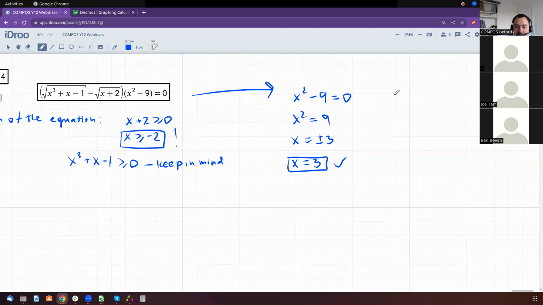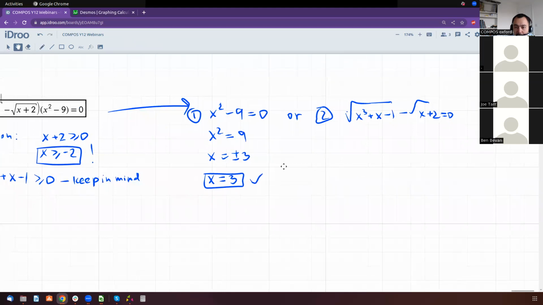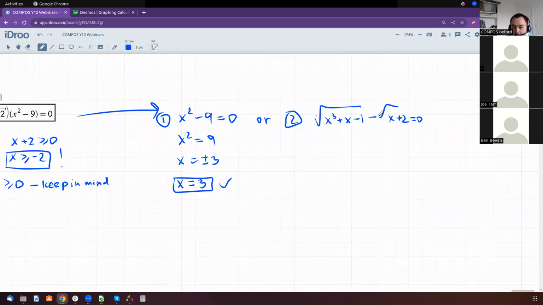And the second one: square root of x cubed plus x minus 1 minus square root of x plus 2 is 0. So we put that to the right hand side.